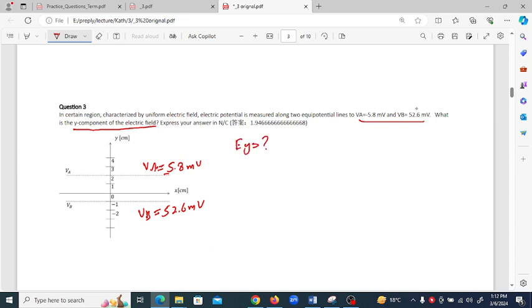In order to find Ey, we use the formula del V y over del R y.